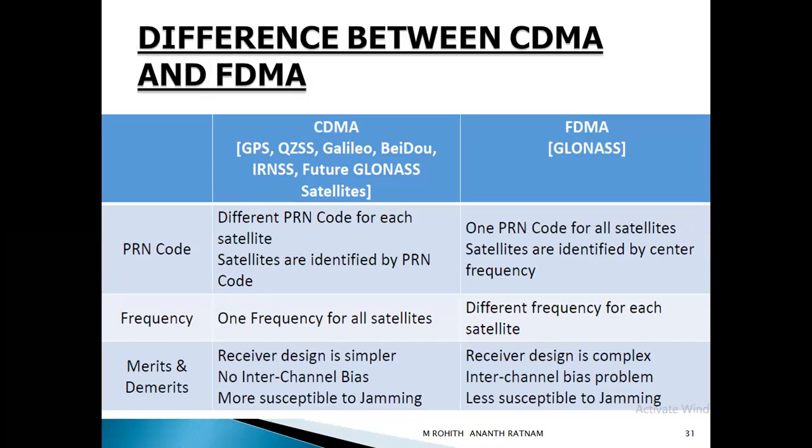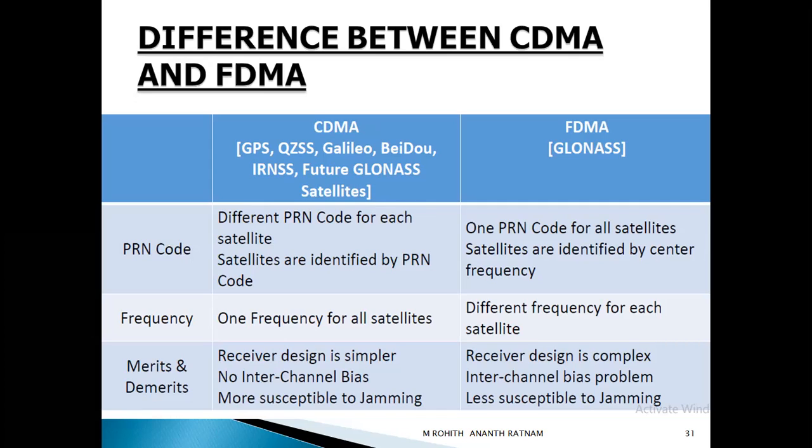So for each satellite a different PRN code is required. Whereas in FDMA, one PRN code for all satellites; there is no need of pseudo random values there. And in CDMA we have only one frequency, whereas in GLONASS we have to provide different frequency values for different satellites.